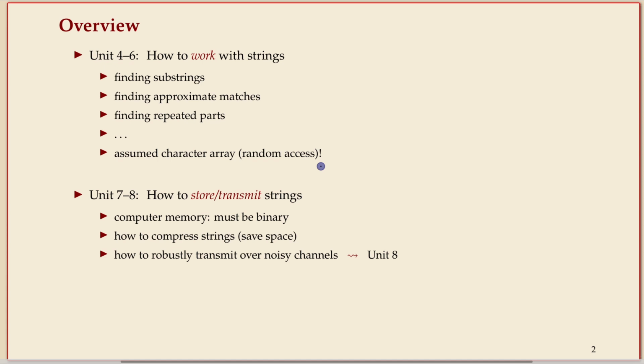So I can, in constant time, jump to character number 10,175. That's one memory access because I know the position. In low-level speak, there's a pointer to the beginning of the string, and then I add an offset, and that gives me the character at that position. That was implicit in all the algorithms that we used.